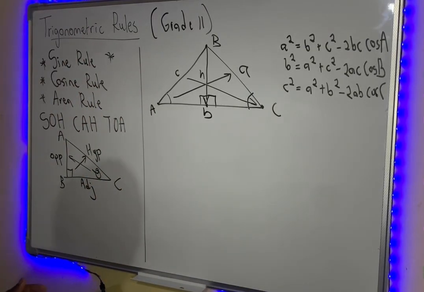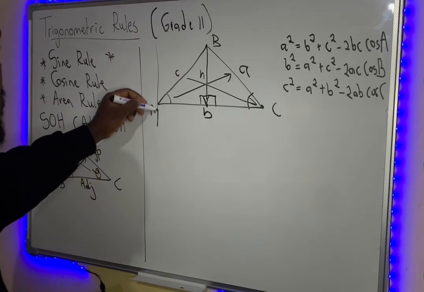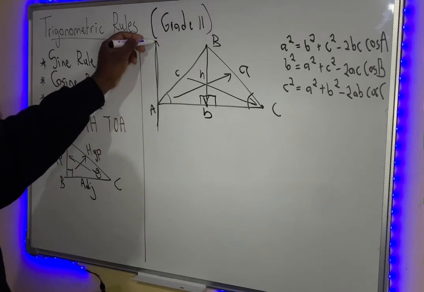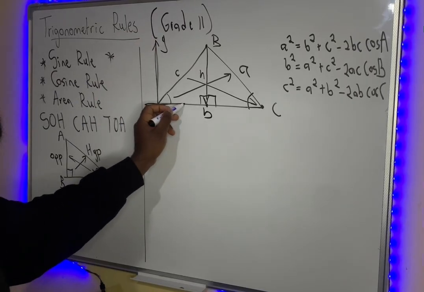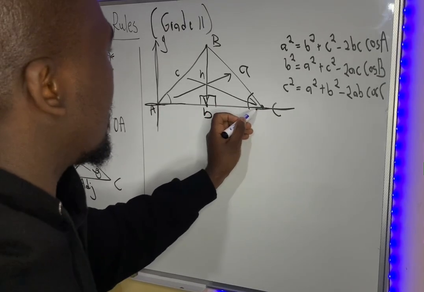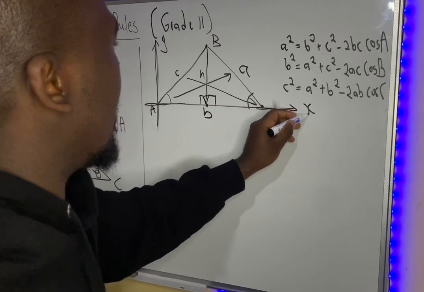So now, let's attend to the cosine rule. It will require us to add something in the form of a Cartesian plane, and we'll add it somewhere around here. This is going to be our y. Then this line here, including this line, we are going to make our x-axis.